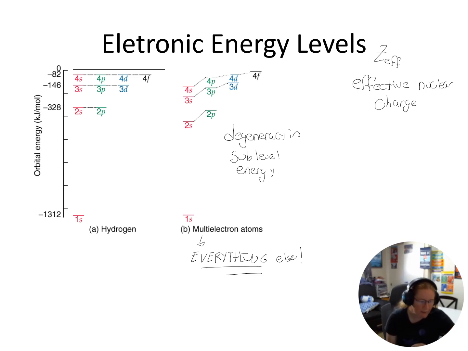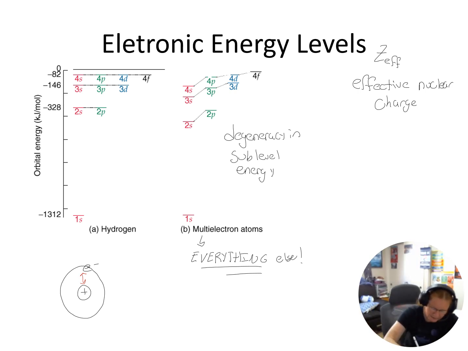Remember that our nucleus is where all our positive charge is from. When I have something like hydrogen, the only things interacting are that one electron and the nucleus. As soon as I move from hydrogen to helium, I'm in the same energy level and the same sublevel, so I put that electron in there. But now things get more complicated.